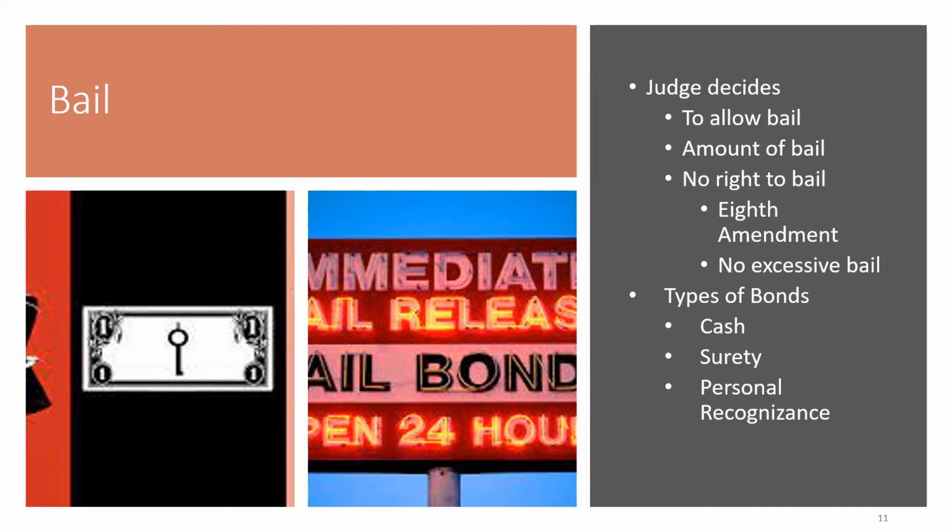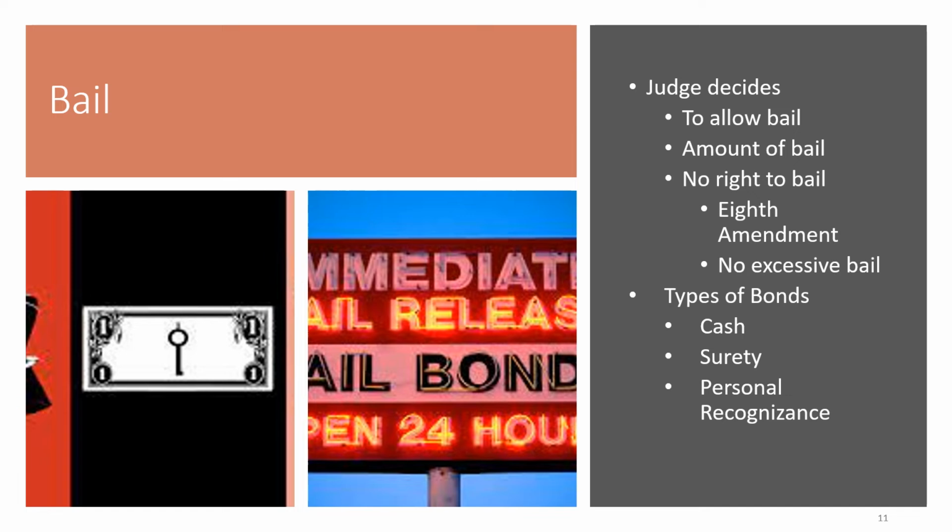The final kind is called a personal recognizance bond, and that's where the person signs a PR bond and they promise to come back to court, and they are released upon their signature and promise to come back. Now, it sounds really good, but PR bonds come with a lot of strings attached.